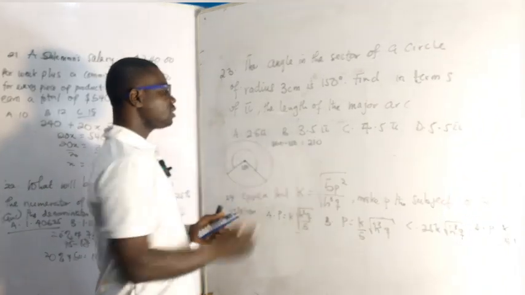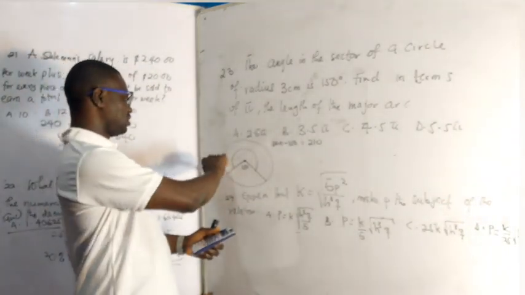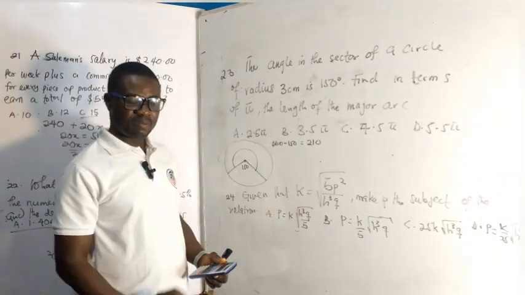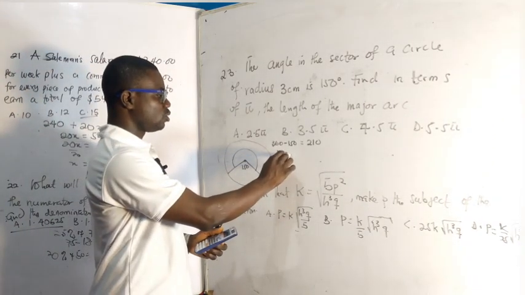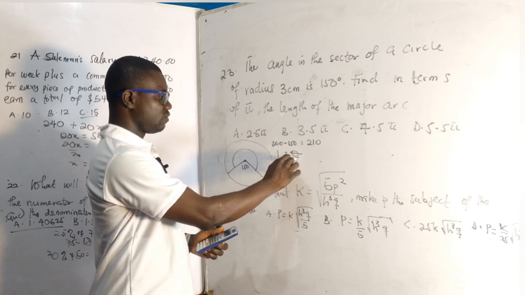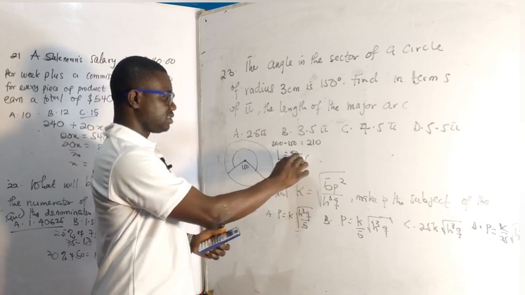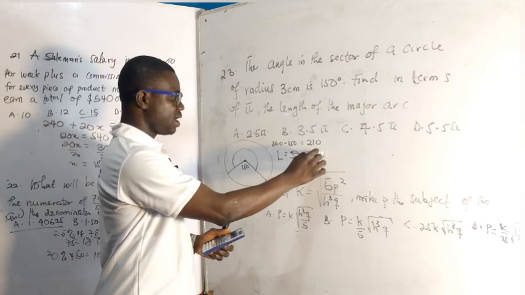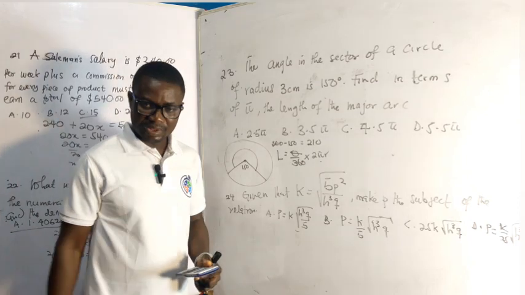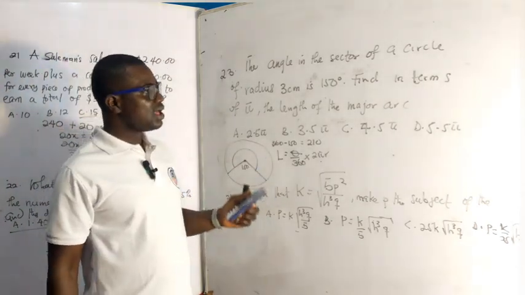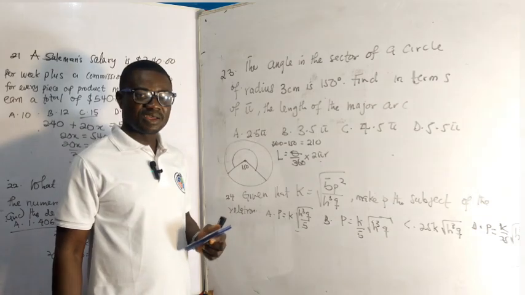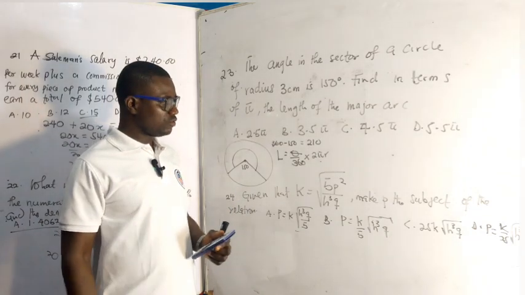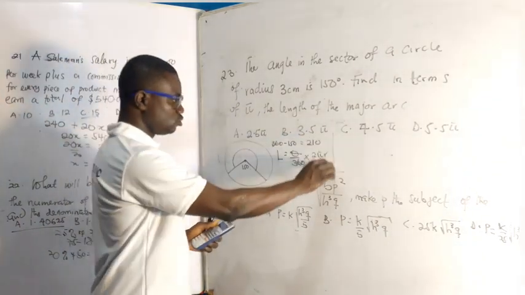When you subtract 360 minus 150, you get 210. Now we want the length of this major arc, and you know the formula for the length of an arc is L is equal to theta over 360 times 2 pi r. Here we have been restricted that we should represent our answer in pi. So we are going to do the substitution.